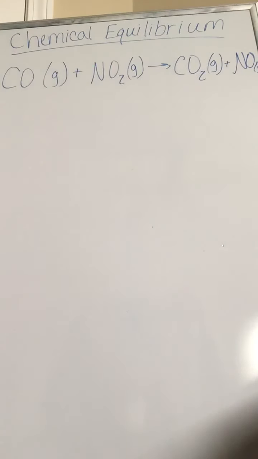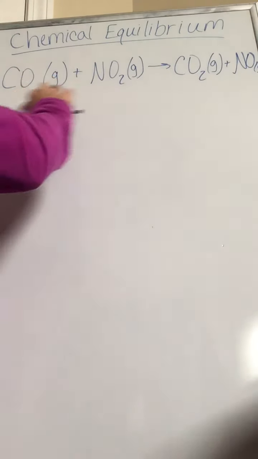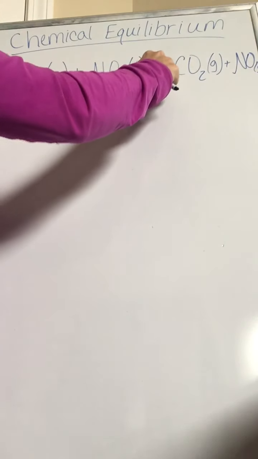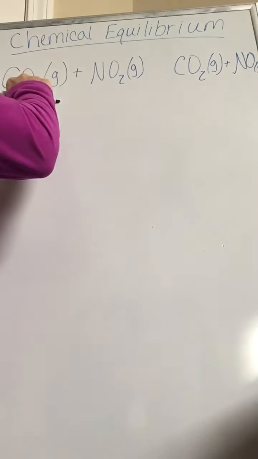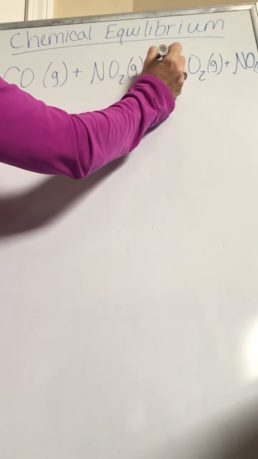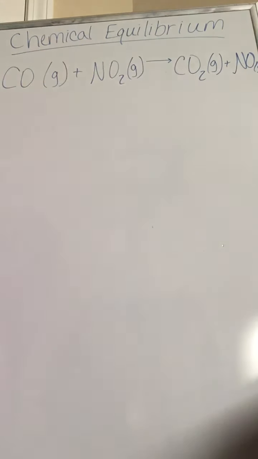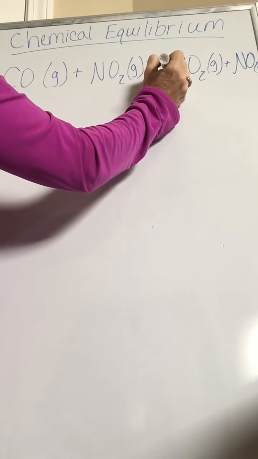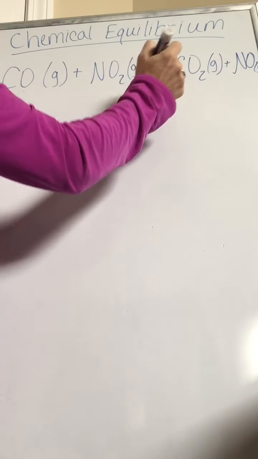All right. So a more accurate representation of this reaction would be to say, all right, these two, carbon monoxide plus nitrogen dioxide, make carbon dioxide and nitrogen monoxide. But once more of the products are formed, the reaction can go in reverse.